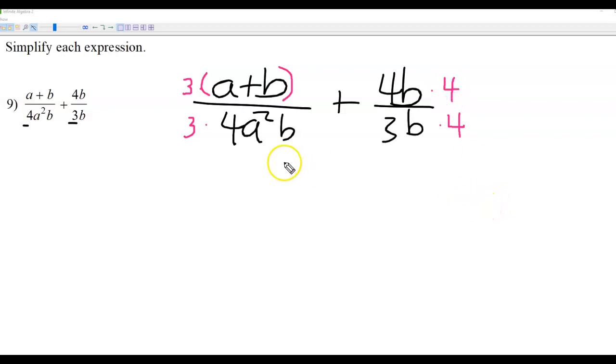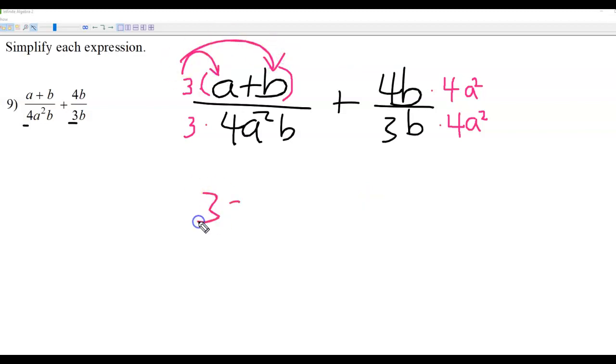Right? But we have letters here that we need to get. Notice they both have a B, so we don't need to put B's on either side. They're both matching there. But this one over here on the left has an A squared. So this side over here also needs an A squared, so it looks like the other one. So we're going to multiply A squared to the top and bottom. Okay? Once you've done that, you're going to go ahead and multiply in.